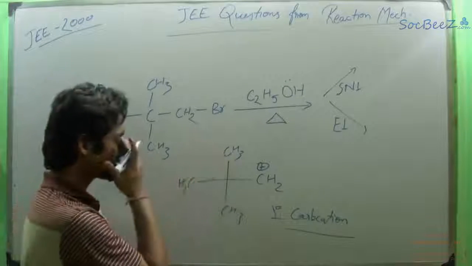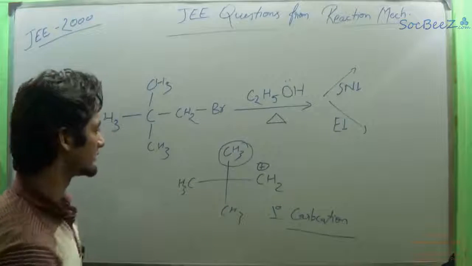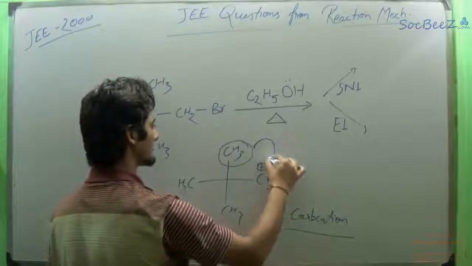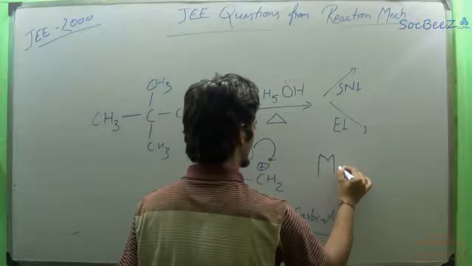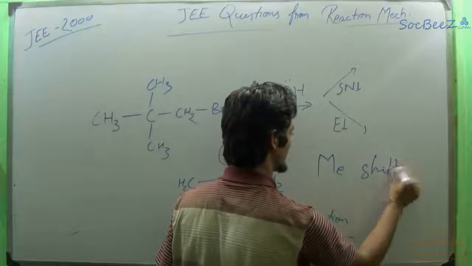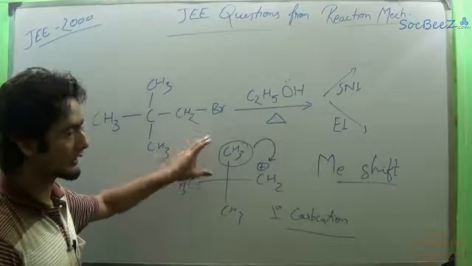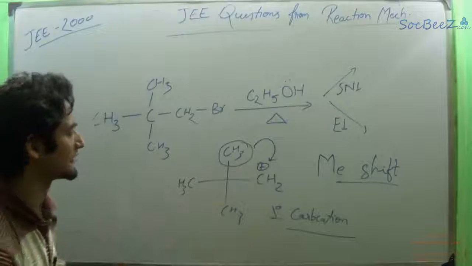The only option to shift is methyl because we don't have H in this case. So there will be a methyl shift. This is a classic example of a methyl shift. In unavailability of an H group, a methyl group is being shifted.